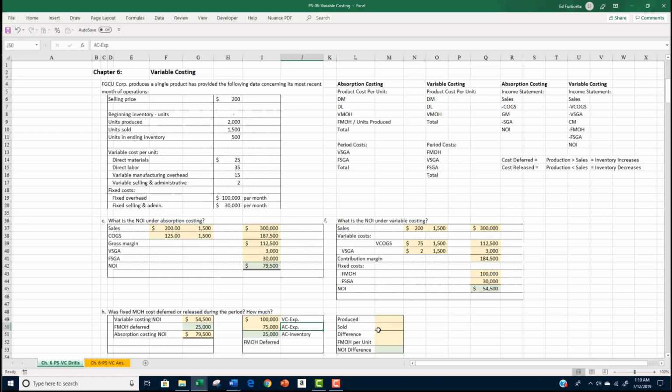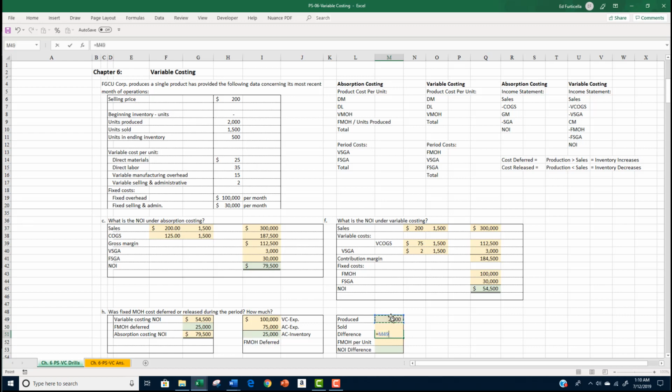Yet another way to determine the net operating income difference between the two methods is to look at the change in inventory and multiply the change by the fixed manufacturing overhead cost per unit. The change in inventory is the difference between the 2,000 units produced and the 1,500 units sold, which is a 500 unit increase.